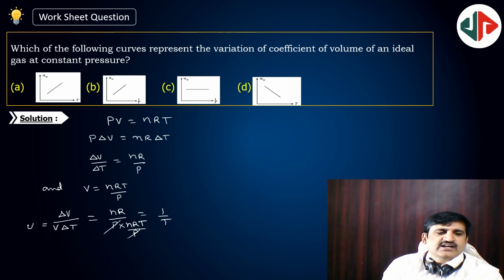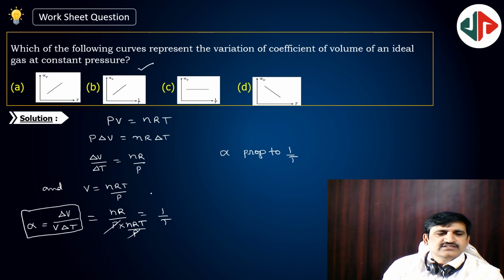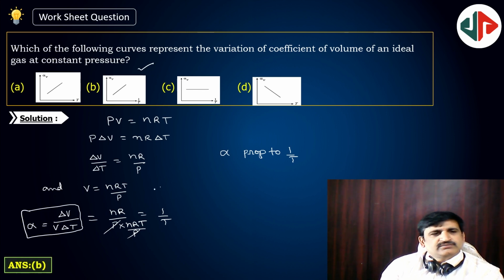So this is only alpha. So alpha is proportional to 1 by T. Alpha proportional to 1 by T means it should be a straight line through the origin. So this one will. By definition only, you need to follow the definition, that's it. B. Next.